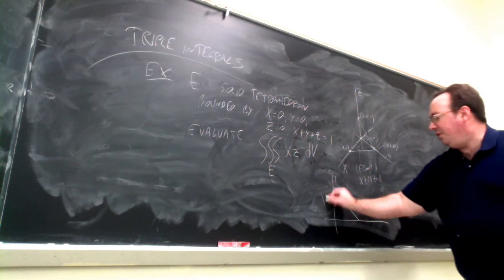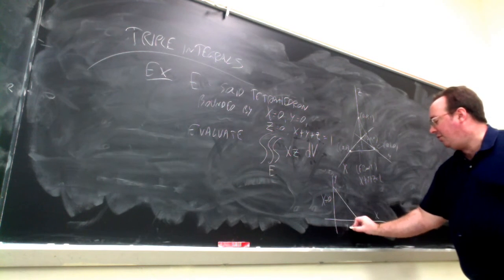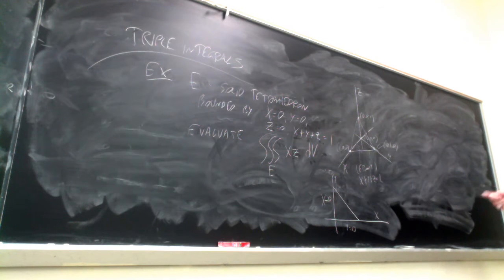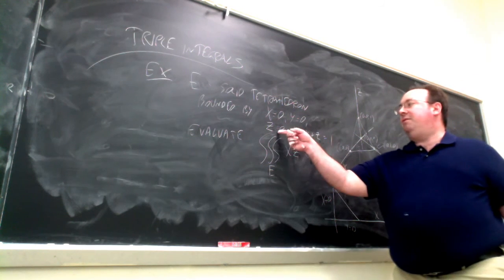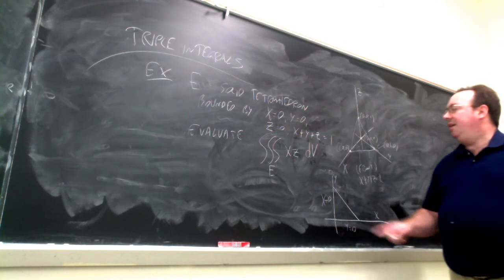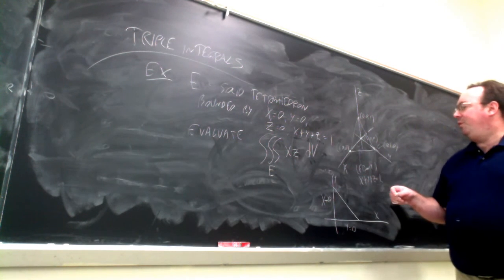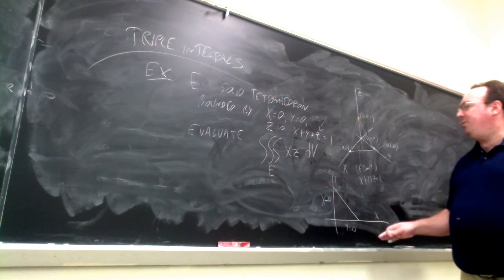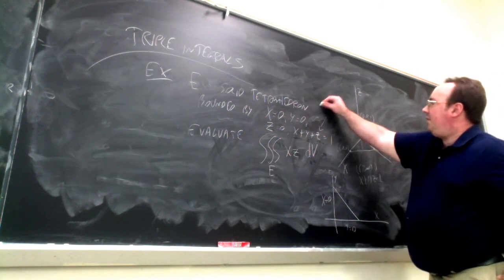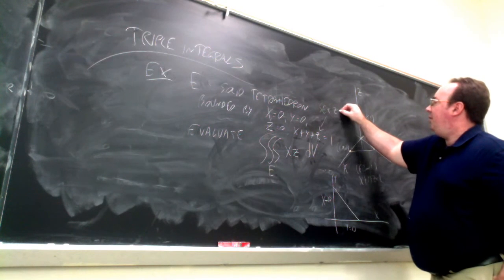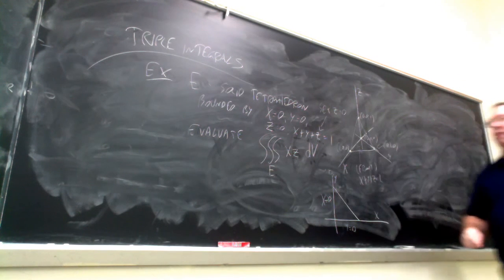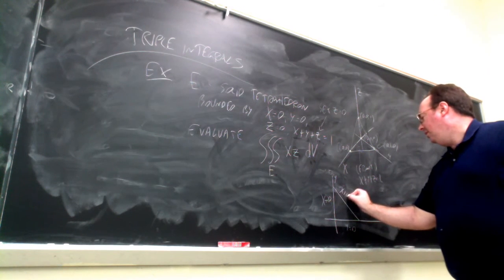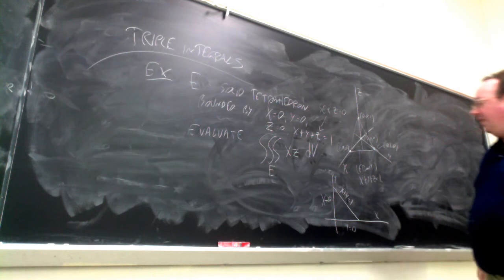So we know that x equals 0 is a boundary, y equals 0 is a boundary, and then what about your other boundaries? Well, z equals 0, that is the xy plane. But then you have this. To find out how this boundary impacts the xy plane, you can set z equals 0. And what do you get? You get the equation x plus y is equal to 1. So that's this line right here.